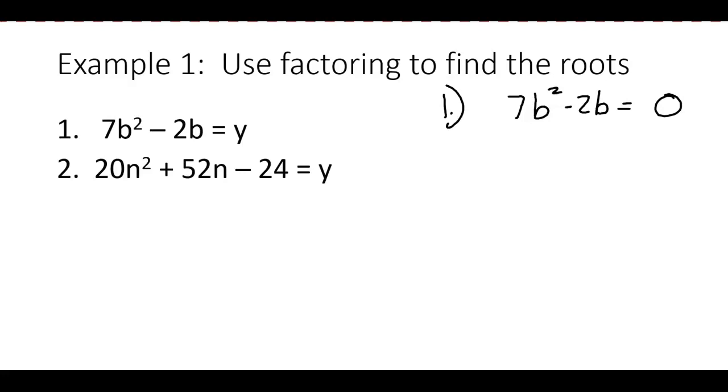Now, I don't know the last time we've been factoring. It's been a little bit. But there are three ways to factor. So we have the GCF method. You always look for a GCF first, a greatest common factor. After that, if there's 2 terms, maybe it's a difference of squares.